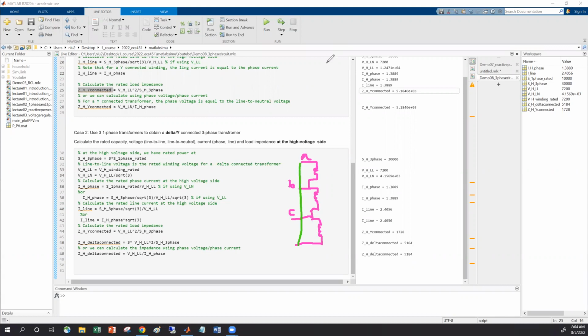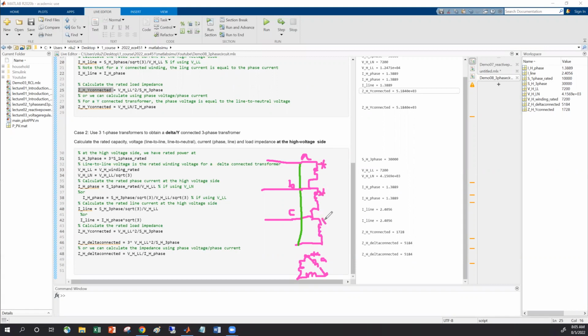So eventually what we have is this is incoming, incoming, and incoming, okay? This would be a delta connection, right? If you think of that, it would be something like this is A, B, and C. So you're connecting them head to tail: this is A, the tail with B. If you have a polarity, this is the polarity.